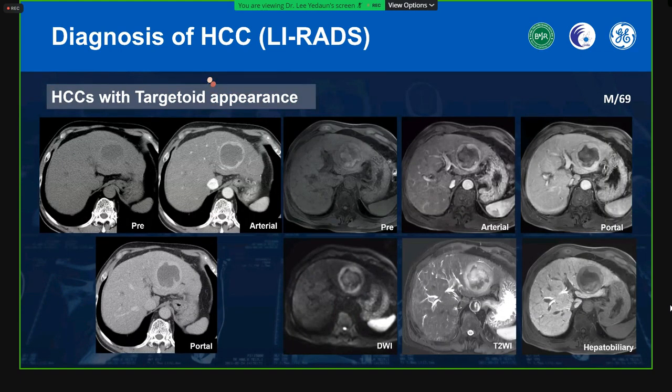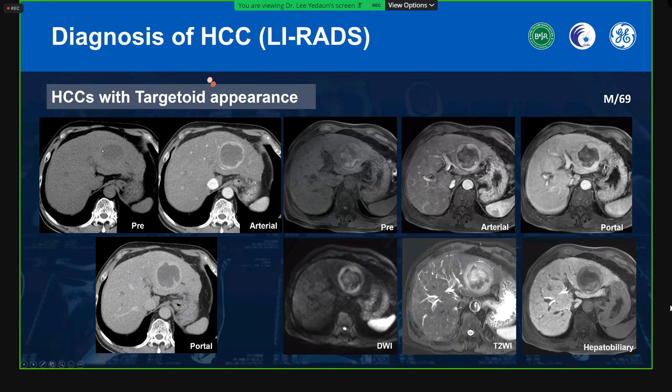So this is an interesting case of HCC with targetoid appearance. On CT, there is a well-defined low attenuation mass with a relatively thick peripheral rim, and this rim shows arterial enhancement on arterial phase, but doesn't show washout on portal phase.